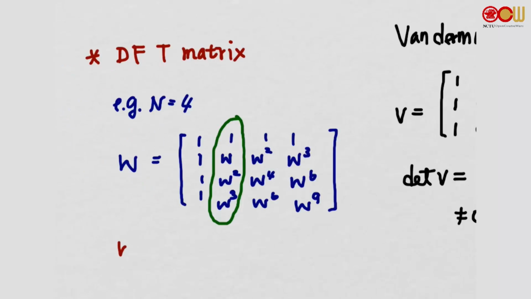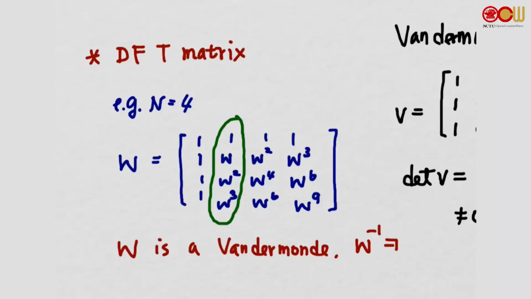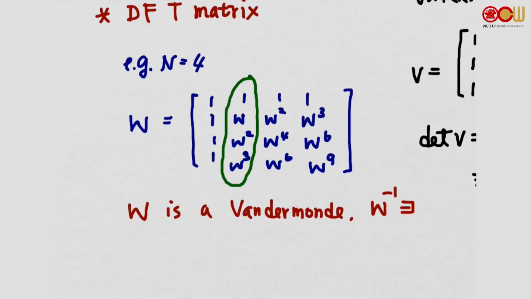This W is a Vandermonde matrix, and it's invertible. So W inverse exists. Returning to the problem that we posed earlier, big Y is equal to W times small y.